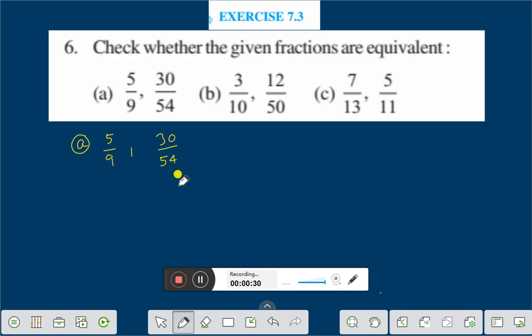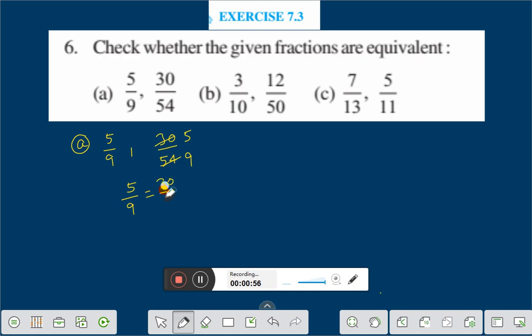Right? If you change it into the lowest term, you divide by 6. 6 5s are 30 and 6 9s are 54. Both are the same. Therefore, you can say that 5 by 9 is equal to 30 by 54.